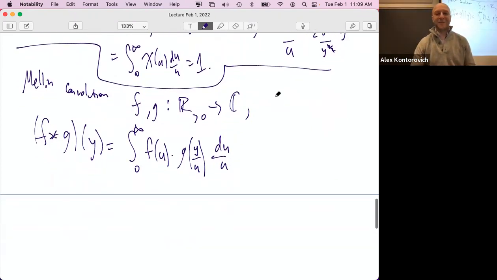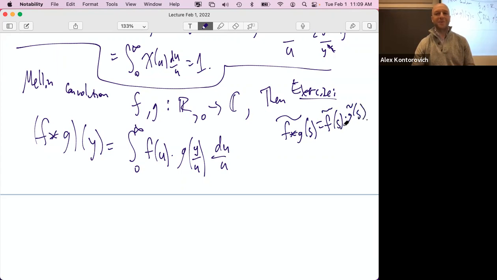And a simple, fun exercise: if you take the convolution and then take the Mellin transform, that is nothing but the product of the Mellin transforms. Same as what happens with Fourier.